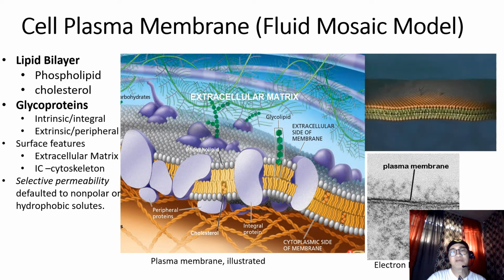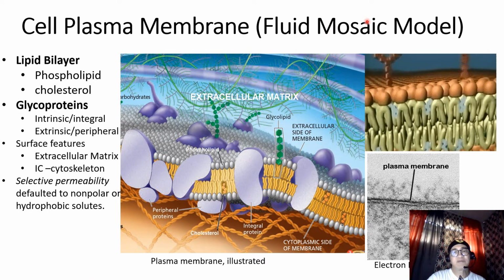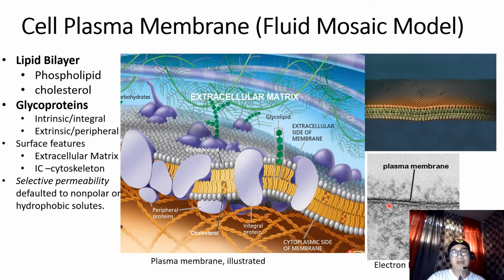Now, the fluid mosaic model is the currently accepted concept describing the plasma membrane structure. By electron microscopy, a plasma membrane appears as two dark lines, each approximately 3 nanometers thick at each side of the light zone. The entire membrane is 8 to 10 nanometers thick.